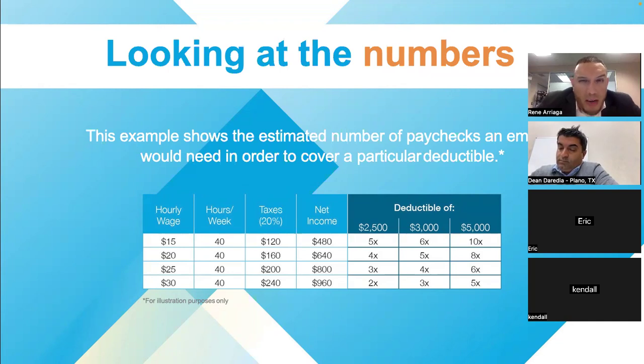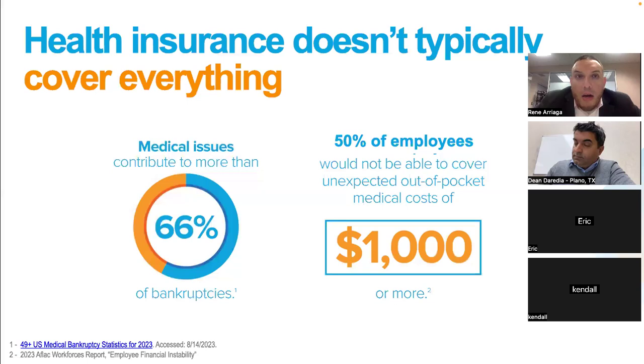So if somebody has a $5,000 deductible and they make $15 an hour, they're going to need to make 10 times that just to meet their deductible, right? So now if one of their pain points was a high deductible, this is going to help me drive the point home even further. Health insurance typically doesn't cover everything, right? So we know that medical issues contribute to more than 67% of bankruptcies.